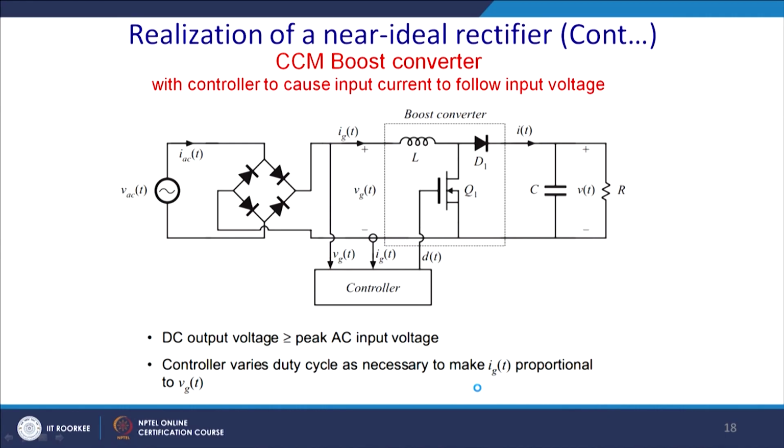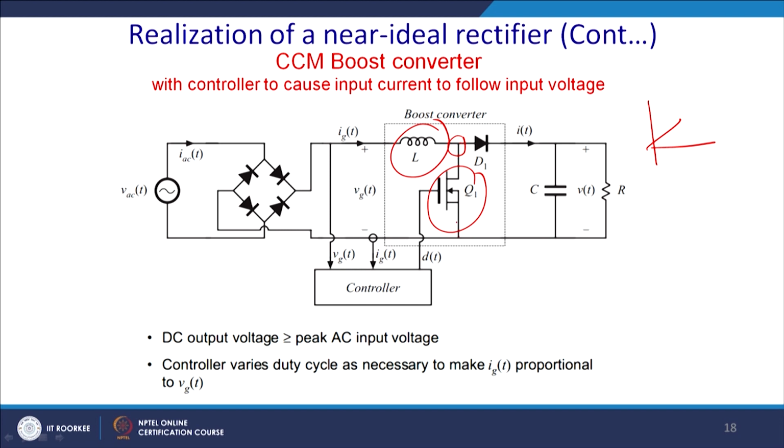So, let us take the typical DC to DC converter, that is called the boost converter. What essentially it does is it boosts up the voltage. When the switch Q1 is on, this voltage goes to 0 and current builds up across the inductor, so the current will ramp up. Thereafter, this switch will turn off, and due to that there will be a good amount of stress across the switches.